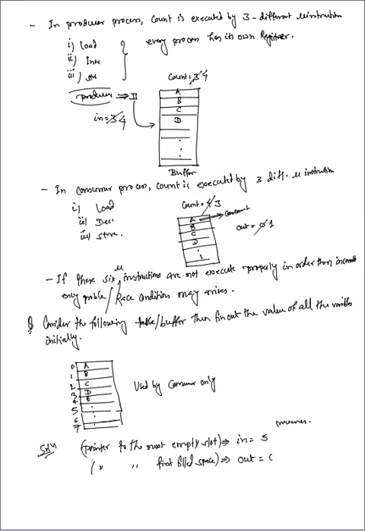So of course here 0. Then the number of items in the buffer is 5, that is the count. Count equals 5. Then the size of the buffer, n equals 8.